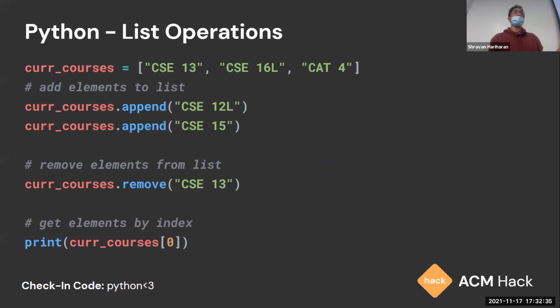I also did want to note here, you can index negatively in the list as well. So if you want to get the last element in the list, you can do current courses of -1. That also does work. And for those of you who know what stacks and queues are, we can use Python lists as stacks and queues by accessing different parts of the list.